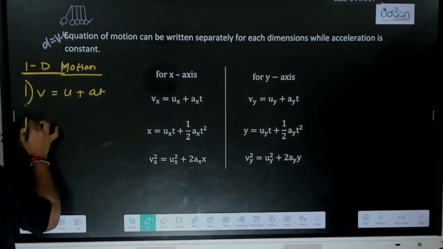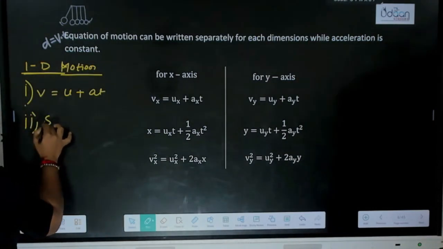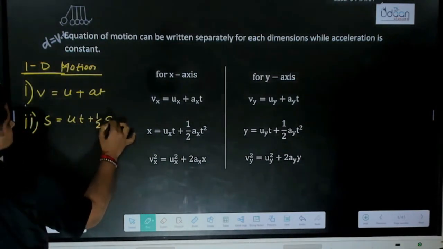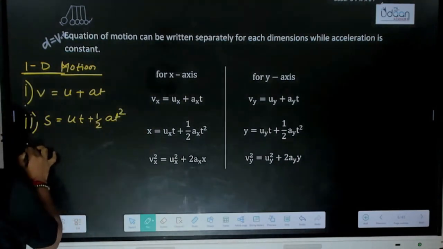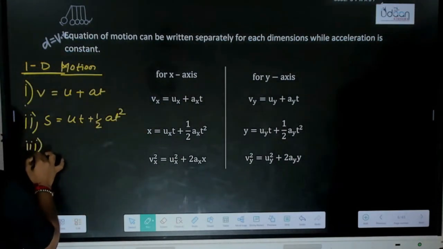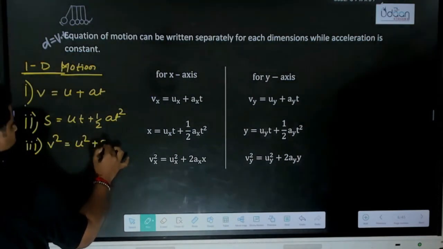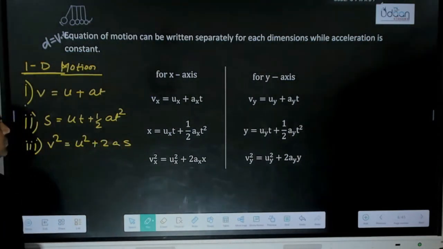The second equation is S equals UT plus half AT square. And the third equation is V square equals U square plus 2AS.